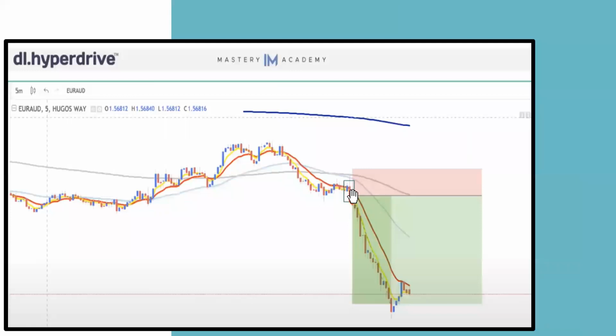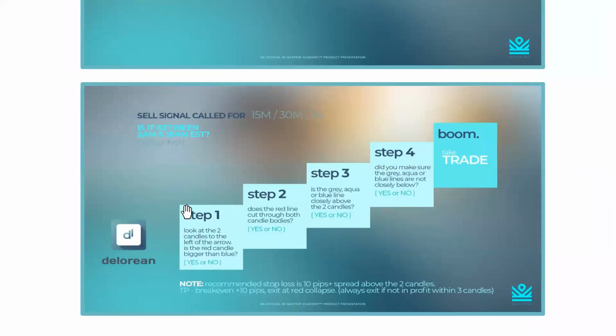Is the red line cutting through? Yes. The good thing about Delorean is that it's already done the first 2 steps for you. It's only going to call trades that have the first 2 steps done. Are the gray, aqua, blue lines closely above or cutting through? Let me bring it over so you can see. And then you've got, are the gray, aqua, blue lines not closely below?